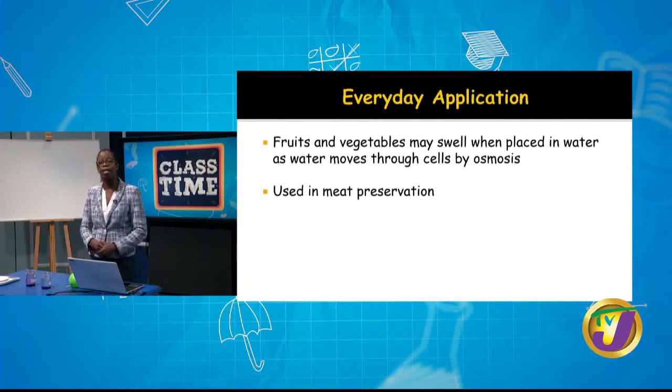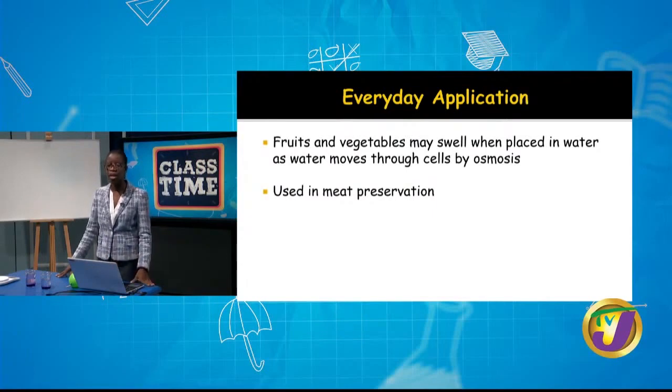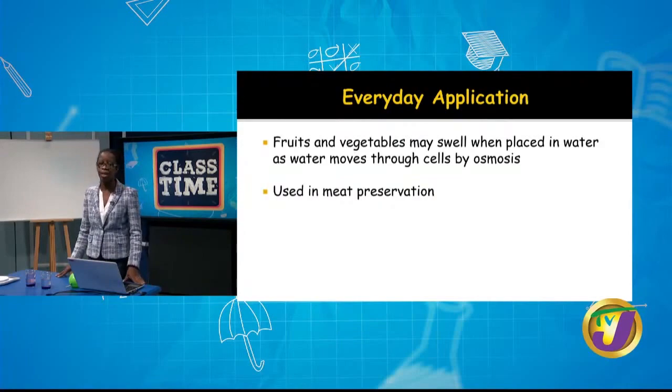This process is also applicable in meat and food preservation. Think about how your grandparents would have cured their pieces of pork or that sort of thing, right? They would have added salt, and the water in the particular produce, in the meat, would have moved out into the solution. And this is a way to preserve the meat.